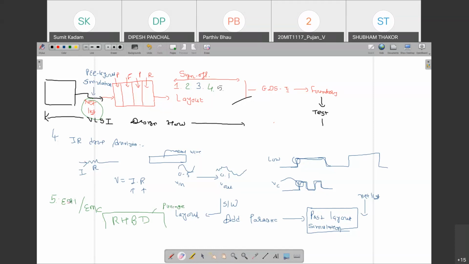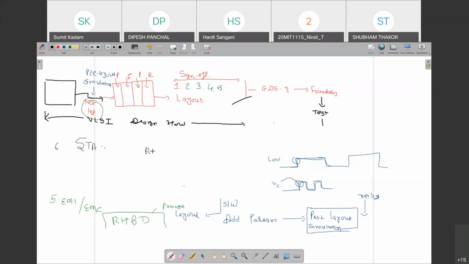And the sixth and last one, anyone know the full name? Static timing analysis. Yeah. So for each and every path, we have to check the difference: required arrival time minus actual arrival time.